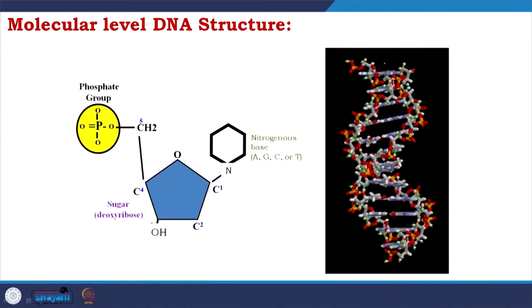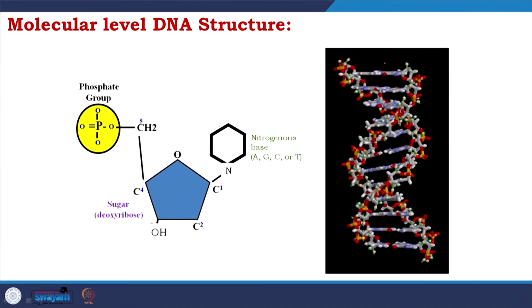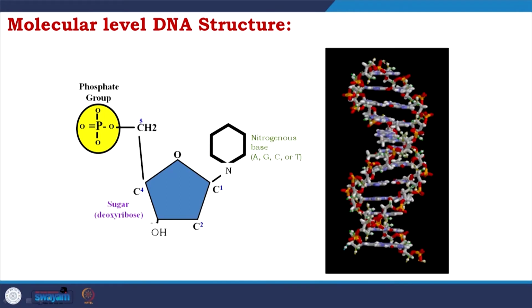Then the third one is the nitrogenous bases, and in case of DNA it is A, G, C, T, whereas in RNA thymine is replaced with uracil. So, if you look at the entire composition, the only difference happens in the nitrogenous bases.